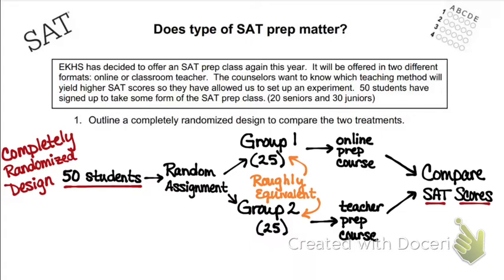So if grade level is really affecting this, and when we split them up into the two groups randomly, we end up with like 15 seniors in this group and only 5 seniors in that group, could that potentially confound our results so that we're not seeing a clear, was it the online course, was it the teacher course, which one's better? How could we control for that? What could we do?